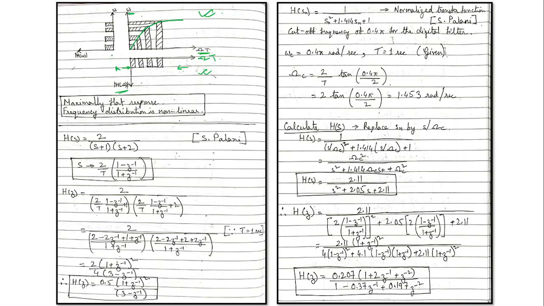Now if I sample this frequency with some certain width, the frequency response is linear. Because both are in the analog frequency domain, the width will be the same.